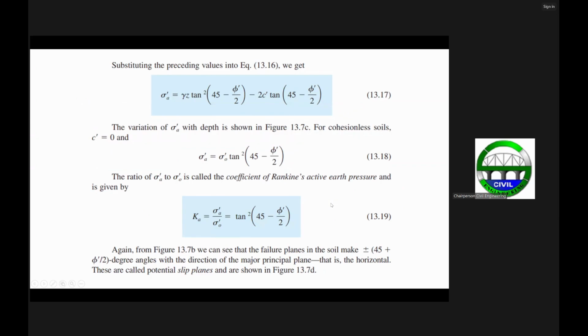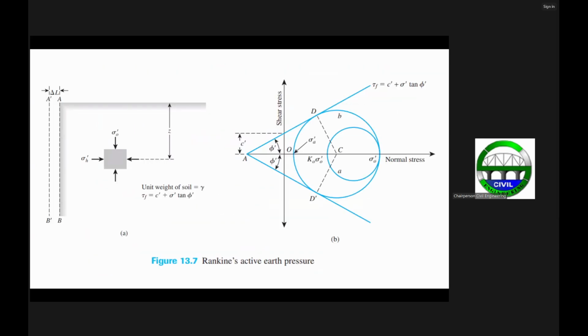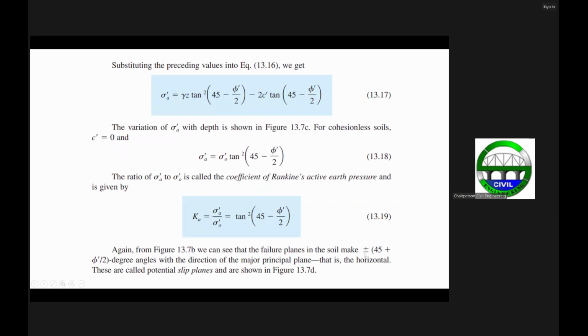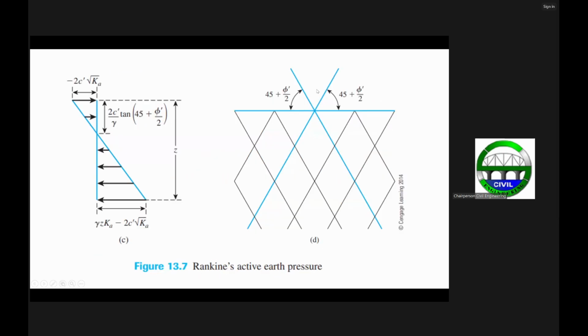And then the failure planes, or the slip planes, this one here, can be our slip planes, for example. The slip planes can have an angle of plus or minus 45 plus phi prime over 2 degrees with respect to the direction of the major principal plane, which we can see here.